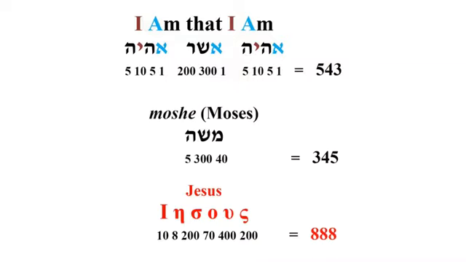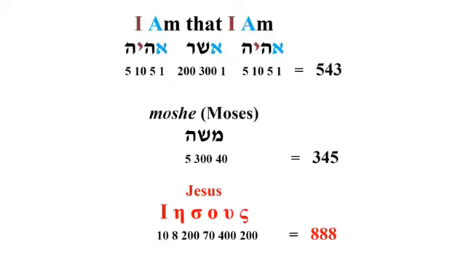Moses' name adds up to 345. And if these two are going to be twins, if Eya, Ashur, Eya, if this God in the burning bush, if that's Yahweh, and his Hashem also 345, Hashem, same letters as Moses, Moshe.